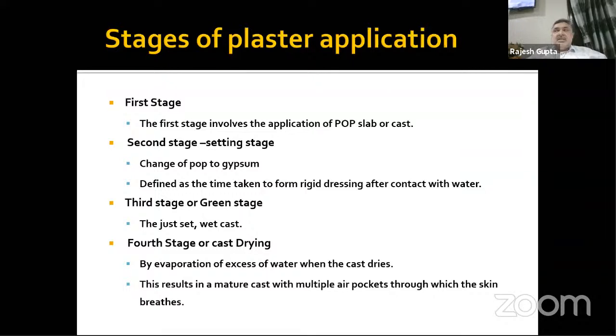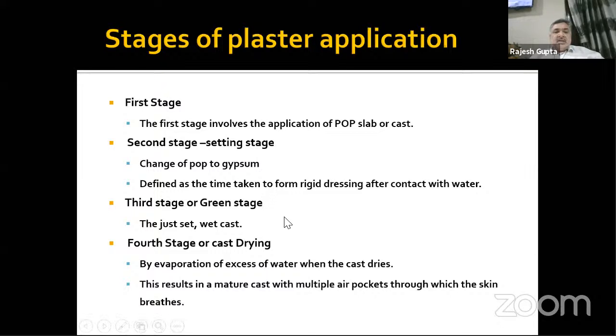Now, there are stages of plaster application. What is the first stage? The first stage involves the application of the POP slab or the cast. The second stage is the setting stage. Here, there is a change of POP to gypsum, defined as the time taken to form a rigid dressing after contact with water.